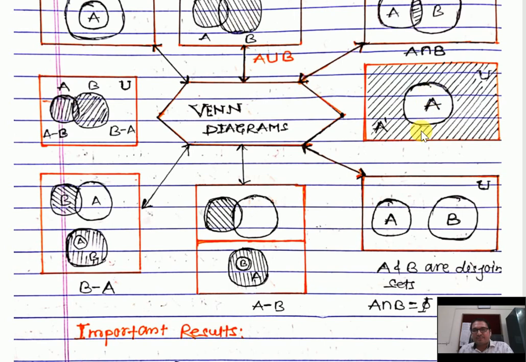Okay, if you want to write complement of B, elements of B not included. If you want to write complement of C, elements of C not included. So look at here, that's why we have not shaded A. You will take all elements of U except elements which lie in A.